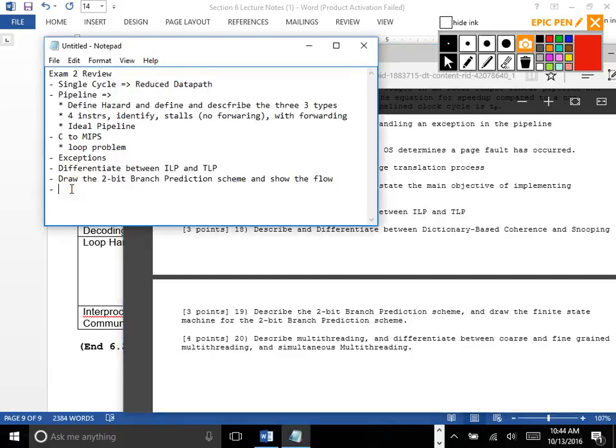And then this last one: describe multi-threading and differentiate between coarse, fine, and SMT. This will be on Blackboard.